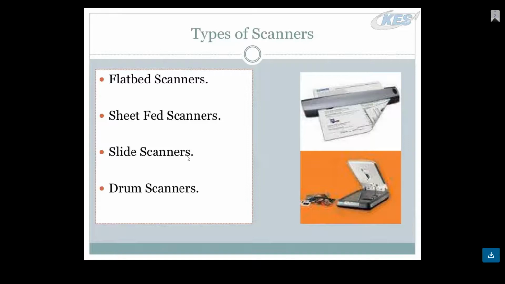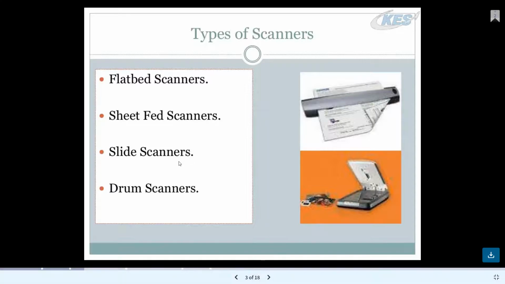Whenever we had to give a seminar, when I'm talking about my initial days of computer classes, the monitor used to be very small. When we had to project it on a big screen, we used what is called slide scanners. We used to put a sheet of paper and then scan it. The scanned image used to be projected on the monitor. That is what we called a slide scanner.